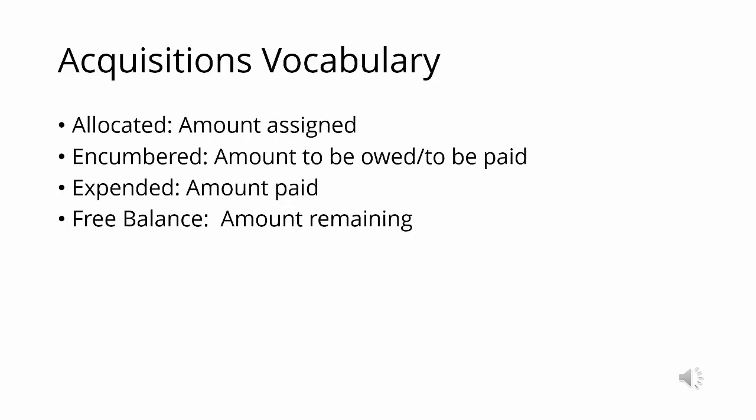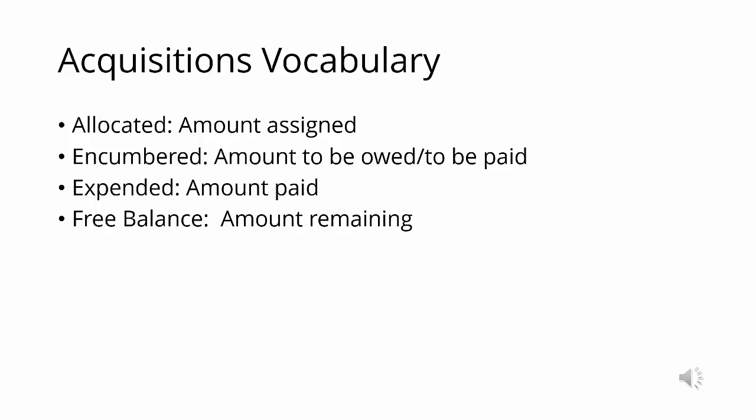When it comes to funds and spending, there are a few terms we'll be using regularly throughout this course to describe the status of money held in various funds. The amount allocated to a fund is the dollar amount originally assigned to that fund. Encumbered funds is the money that is owed or to be paid.